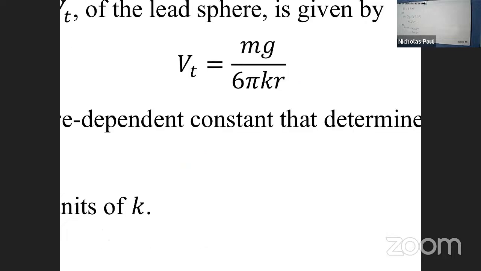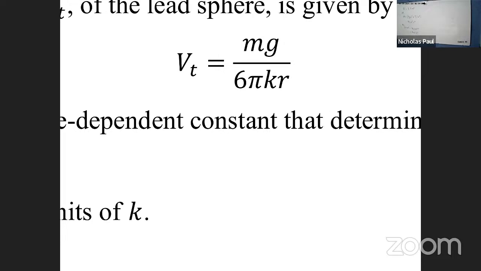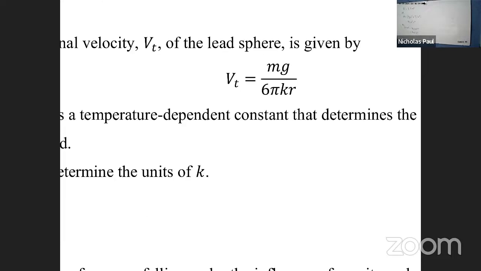Anything else we can do? Make it the subject of the formula and then find it. That can work as well, but the easier thing to do is to make K the subject and find the SI units. Go ahead, have fun, do that fast.